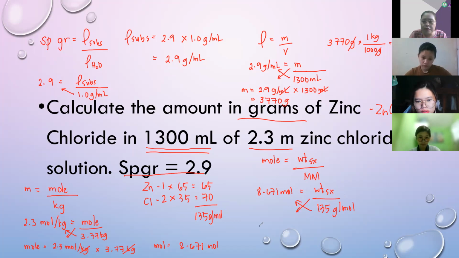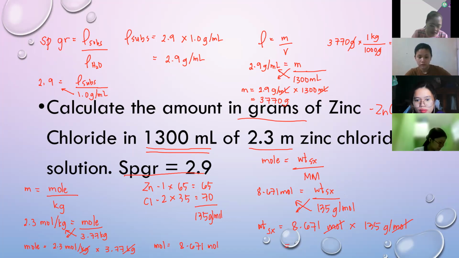Let's do cross multiplication again. So the weight of the sample is equal to 8.671 mole times 135 grams per mole. So let us cancel the mole. Grams remain. So 135 times 8.671 is 1,170.59. Let's round it off to the nearest 2 decimal places.